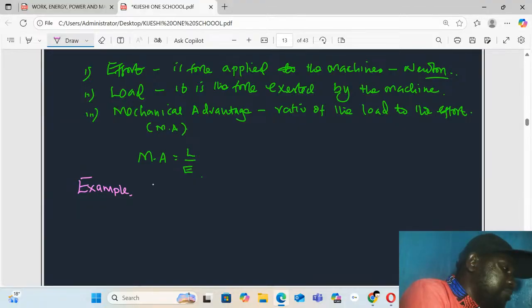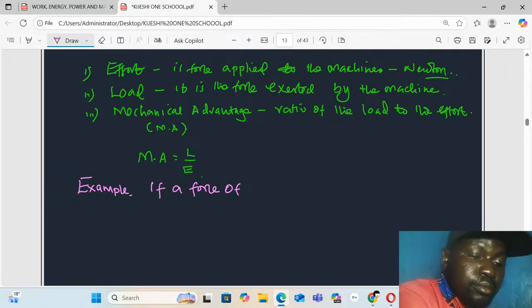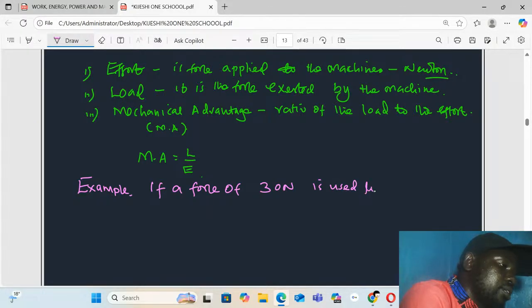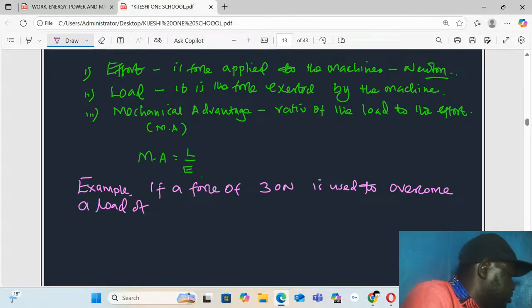We are told if a force of 30 newtons is used to overcome a load of 120 newtons, then what is the mechanical advantage?